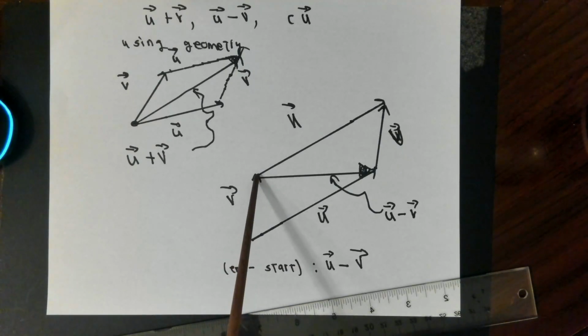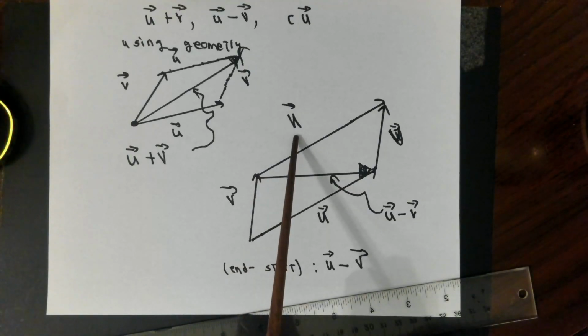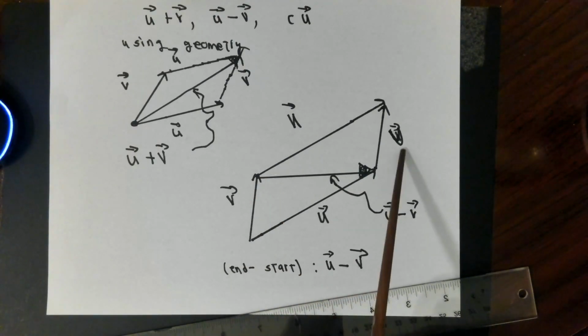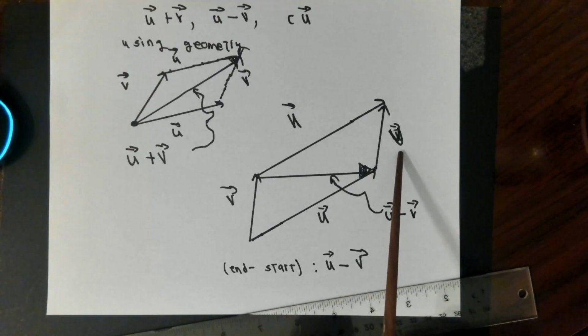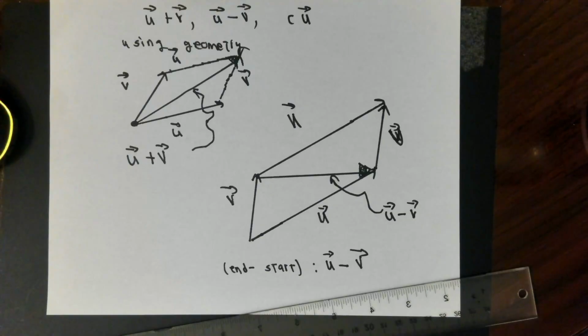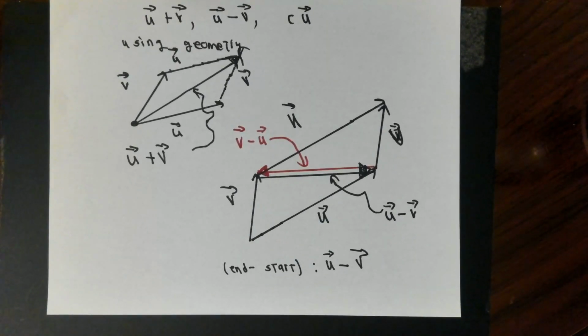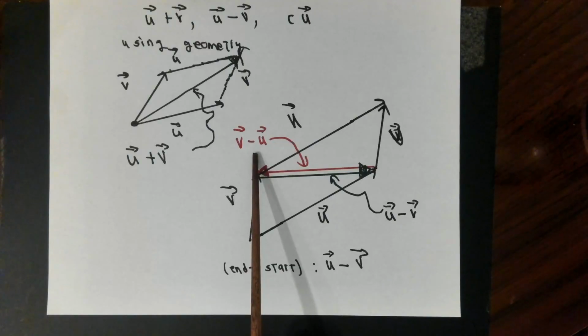From the end of V, attach a copy of U. From the end of U, attach a copy of V. And based on our end minus start idea, it's going to turn out that the vector that starts here and ends there should be called u minus v. On the other hand, the same kind of thinking tells me that if I start at this point and end at that point, then a reasonable name for this vector is v minus u.